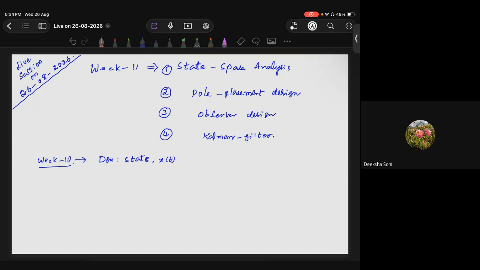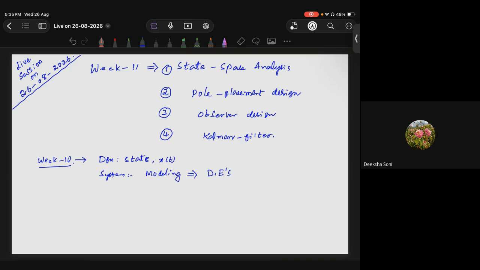Given any system, let us say a mechanical system or an electrical system, first we do the modeling. We use the physics laws: kinematics and dynamics if it is a mechanical system, or KVL and KCL if it is an electrical system, and we write the differential equations.